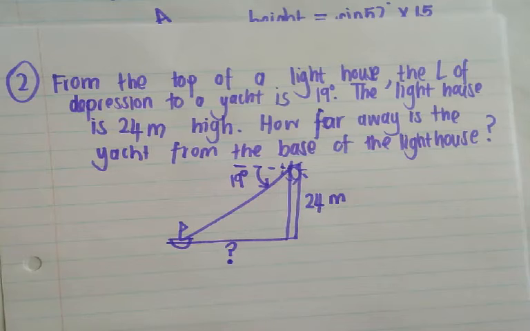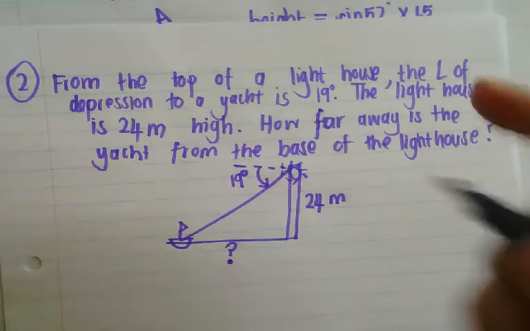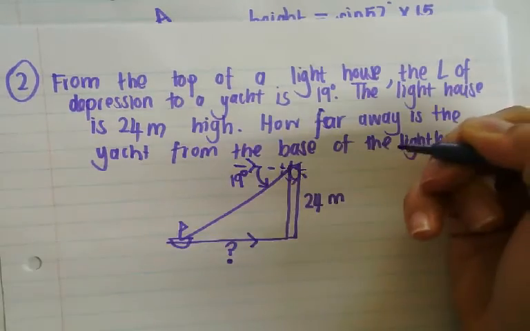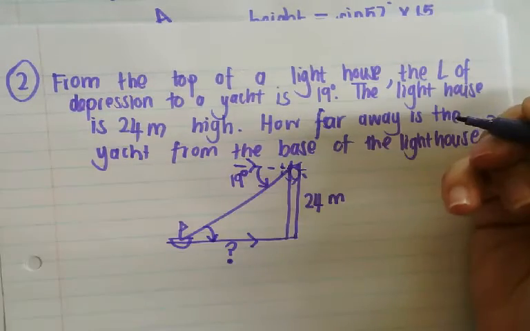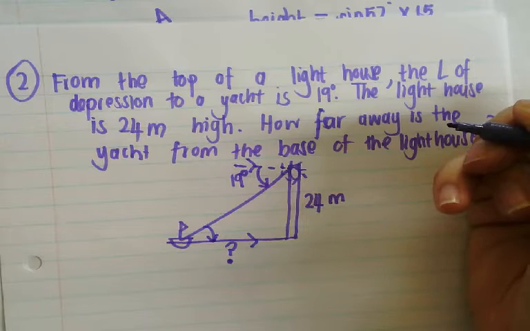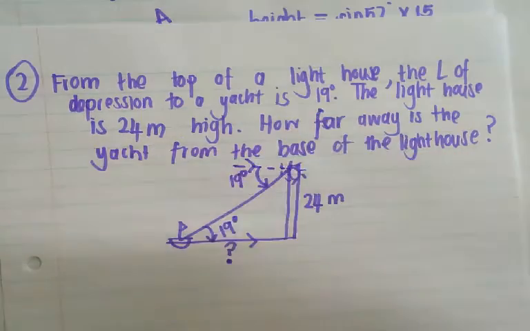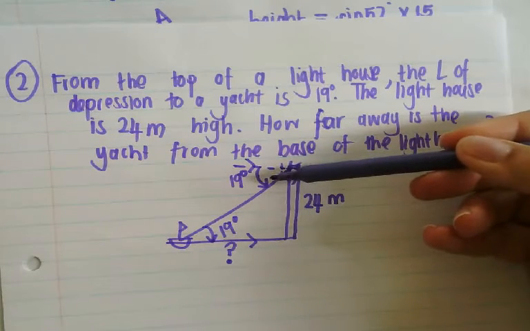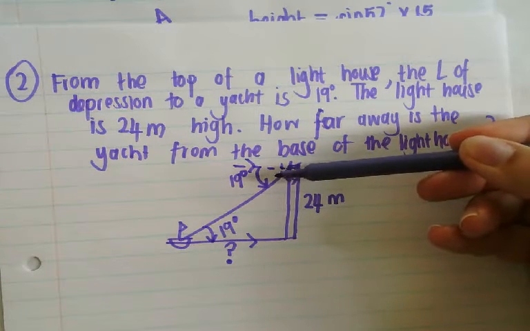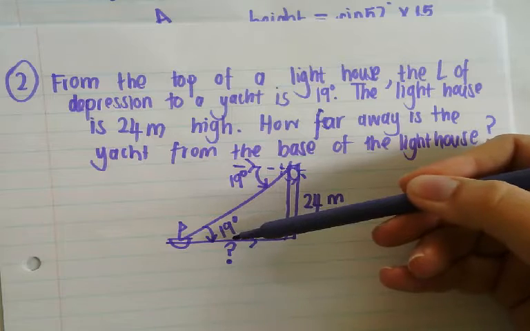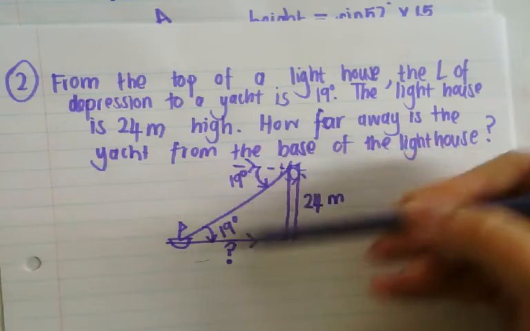Yes, Jed? Okay, alternate angles because this is parallel to that. Could have also done that, for sure. So you could have either said, okay, I know that that's my depression, and therefore this is the same as my elevation, and use that as your reference angle.